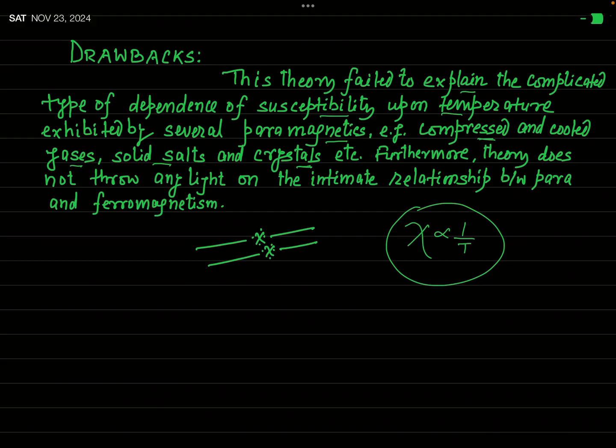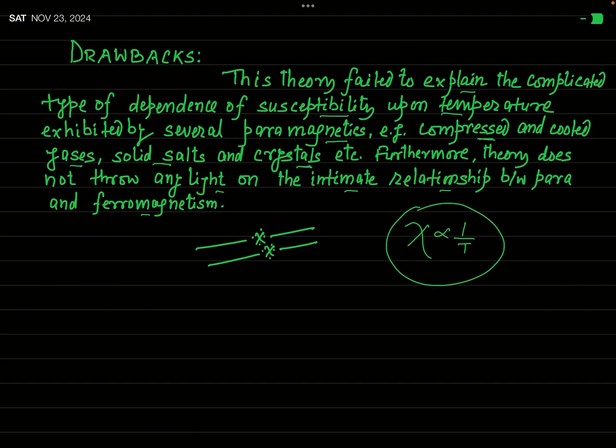Again, it is seen that this theory does not throw any light on the intimate relationship between para and ferromagnetism. Is there any relation between paramagnetism and ferromagnetism? From Langevin theory, we do not get any information that para and ferromagnetism are related.